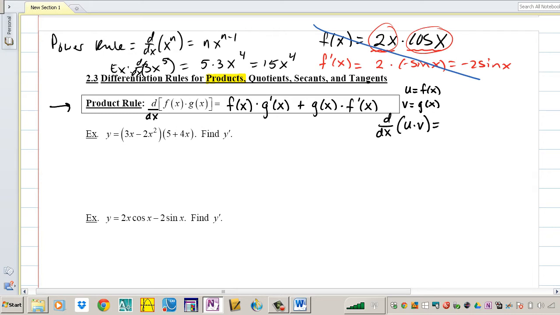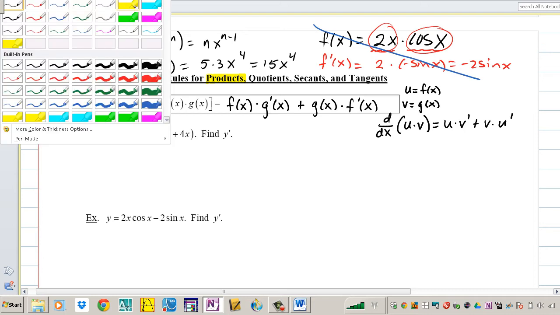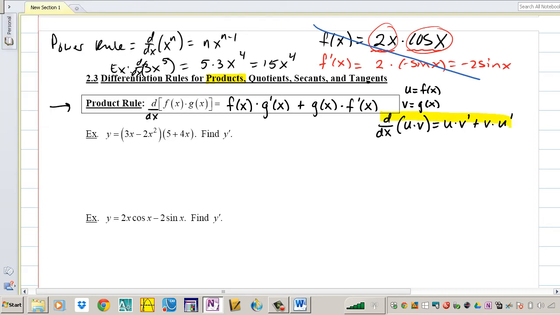Okay? So the derivative of u times v would be u v prime plus v u prime. Now, that is the rule that we're going to be using from now on. So make sure you put that in your notes. U times v prime plus v times u prime.